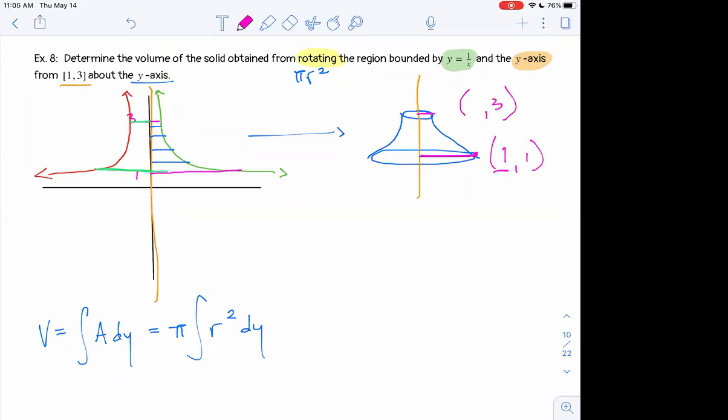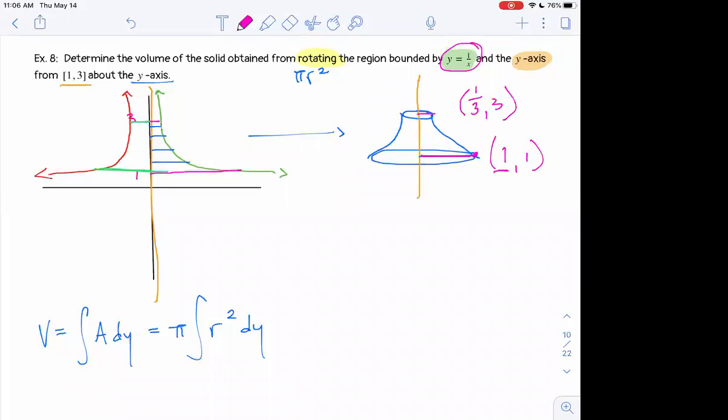What's the x value that goes with it? It's not 3. The x value is not 3. It's 1/3, yeah, because we got to put it into this equation. So 1/3, okay?